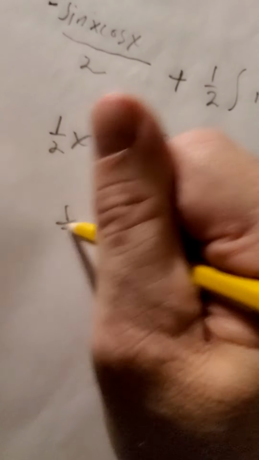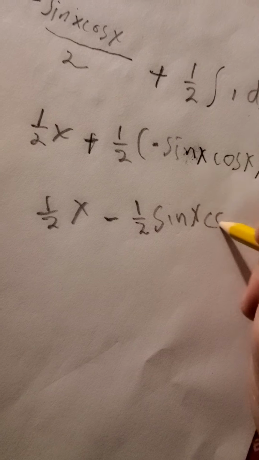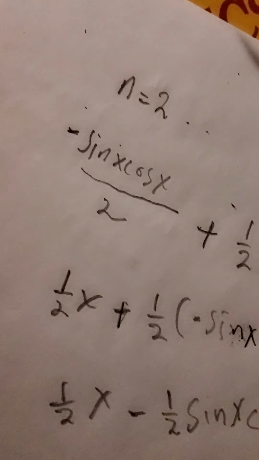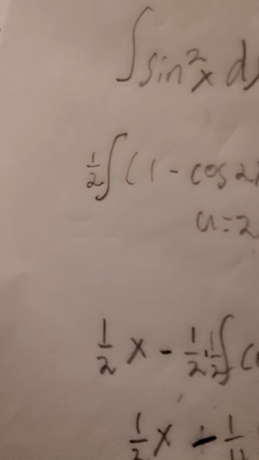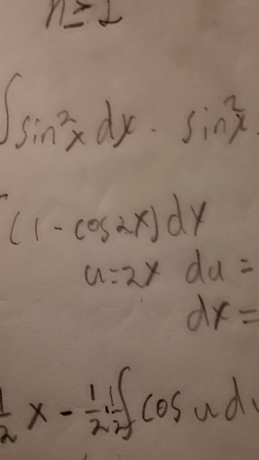So now you're going to have 1/2 x minus 1/2 sine x cosine x, which is clearly the same thing I got right here. Okay, I got 1/2 x minus 1/2 sine x cosine x using the trigonometric substitution, where I used 1 minus cosine 2x, 1/2 of that, for sine squared x.